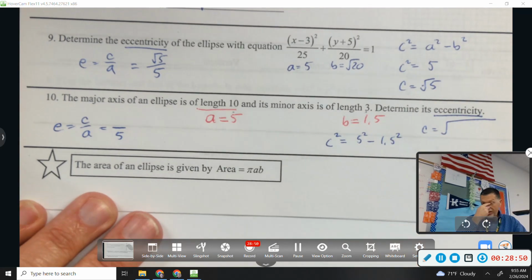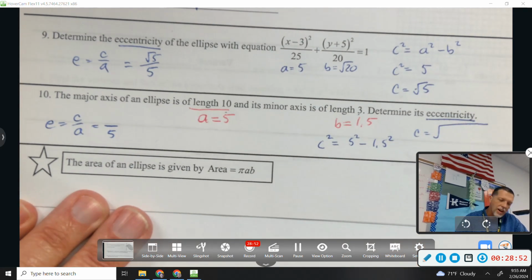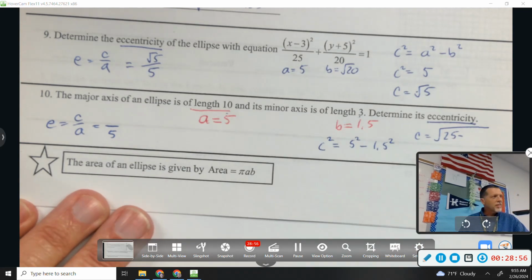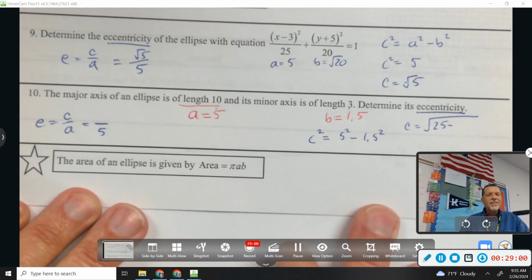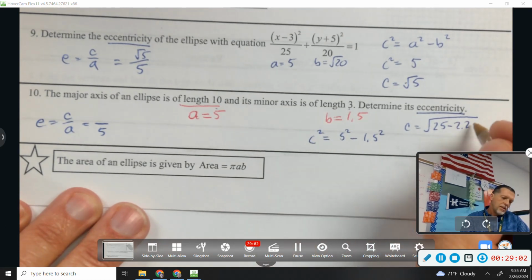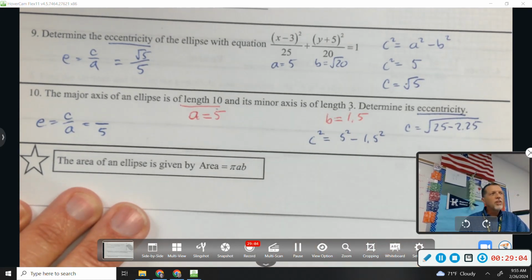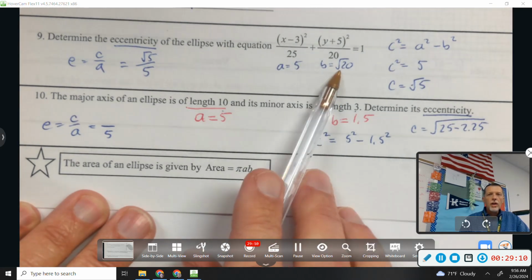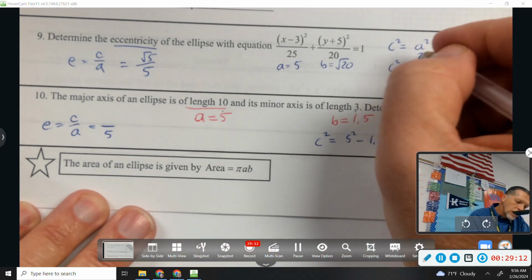Let's see here. 25 minus, does anybody know what 1.5 squared is? You had memorized that in 8th grade, right? So how come we're at 9 and subtracting? What's that again, Jason? 9 being subtracted. Because I did A squared minus B squared.